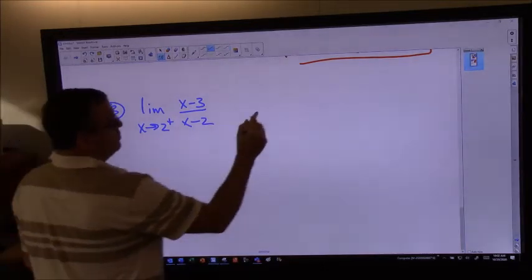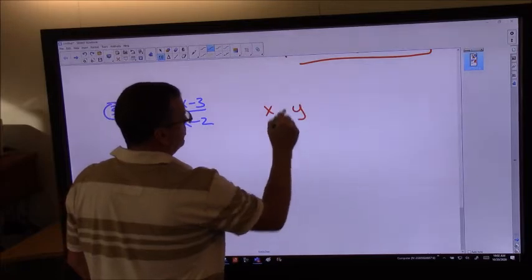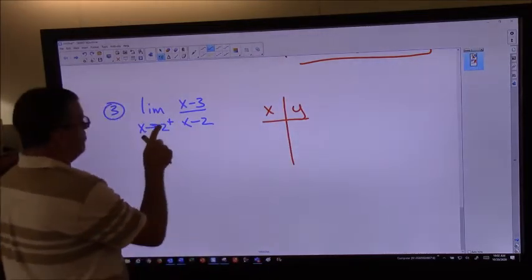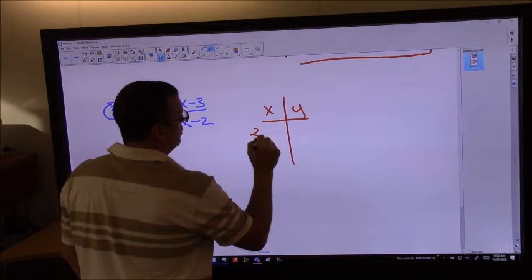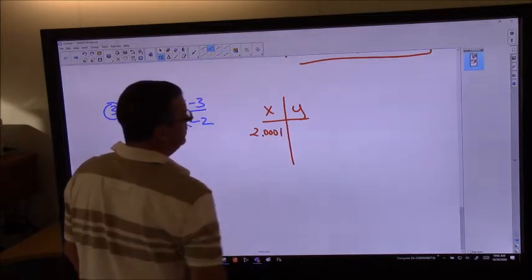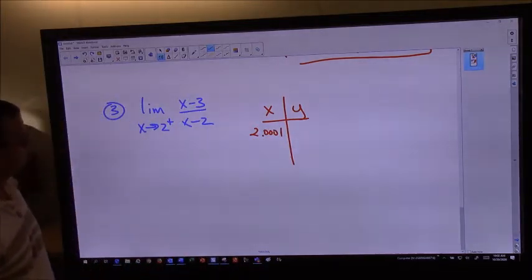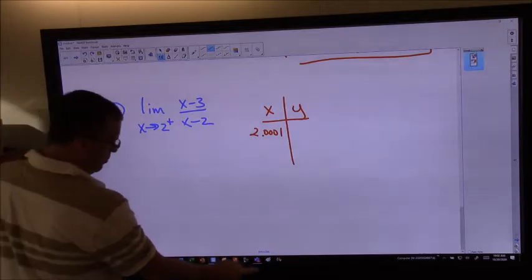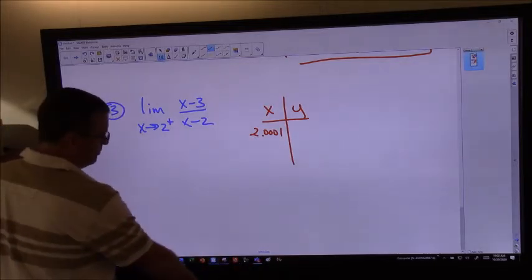So I think if I was doing this, I would just make an xy table and plug in a number slightly larger than 2, like 2.0001. To do that, I need a calculator.